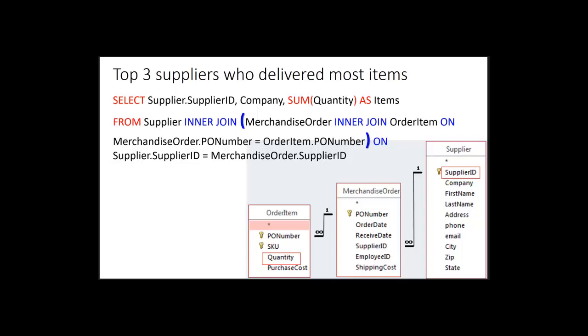Supplier inner join this join on, well, here the supplier primary key must equal one of those primary keys in these 2 tables, and that's merchandise order.